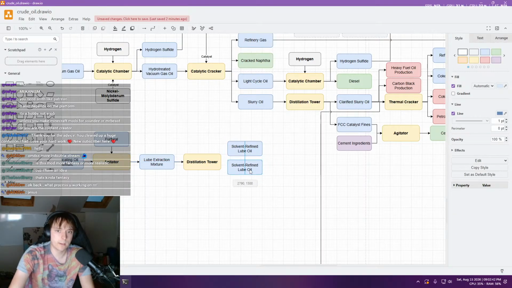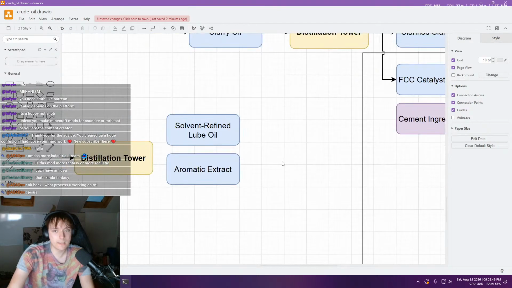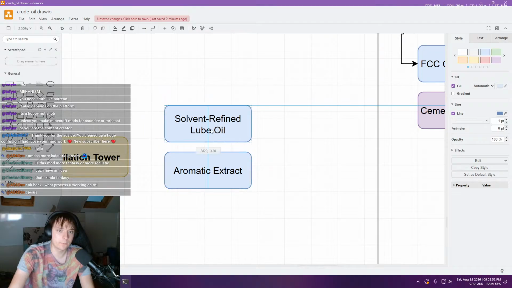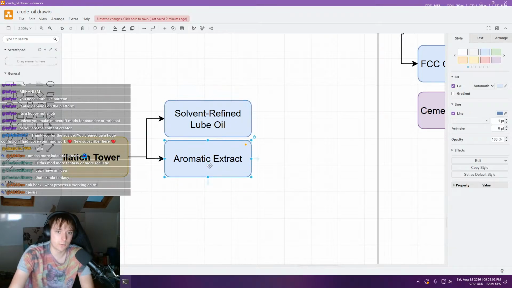We also get aromatic extract. Well, let's just do the realistic one first, and then we'll figure out afterwards what actually just needs to go here. That's going to be the easiest way, because otherwise we're trying to figure things out as we go along, which is just way too hard to do.